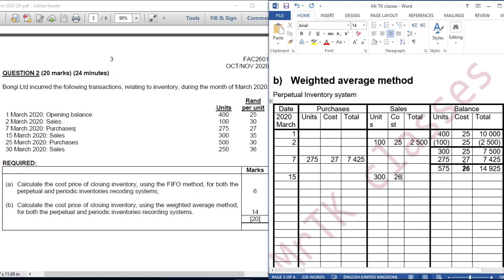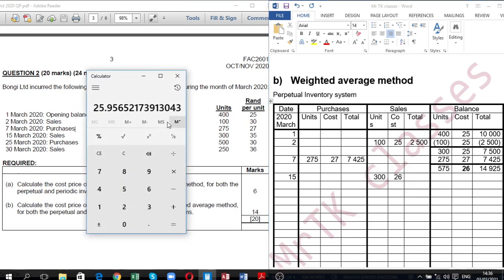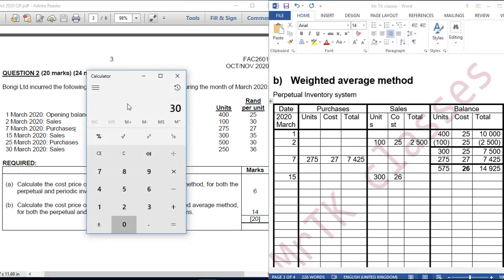We take this average cost price. So we say 300 by 26, and we get 7,800. Here we write 26, and here we write 7,800.